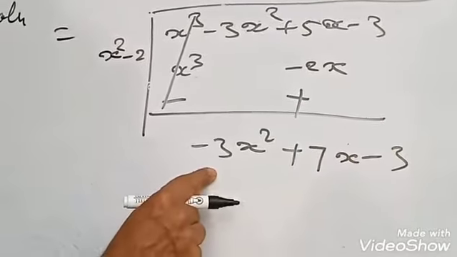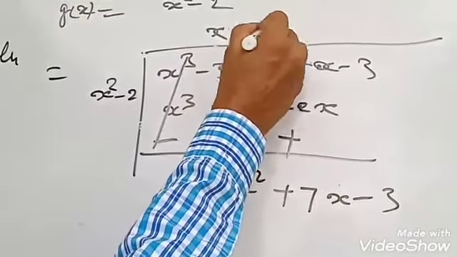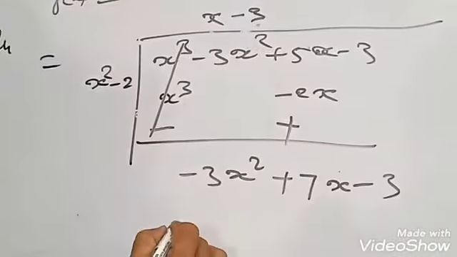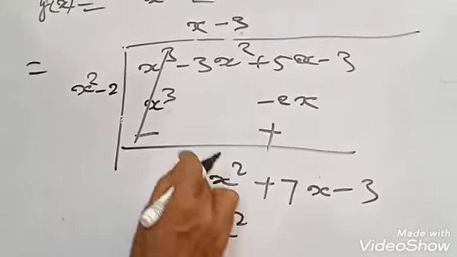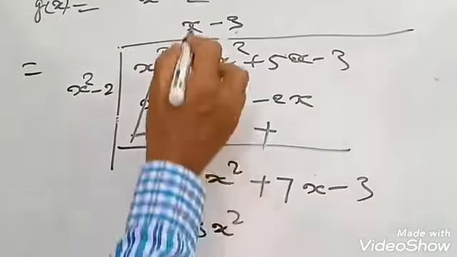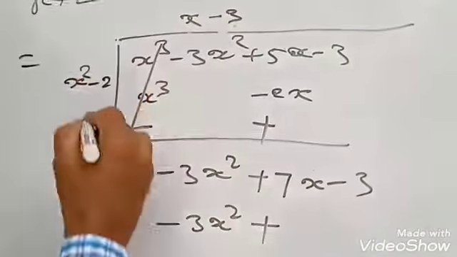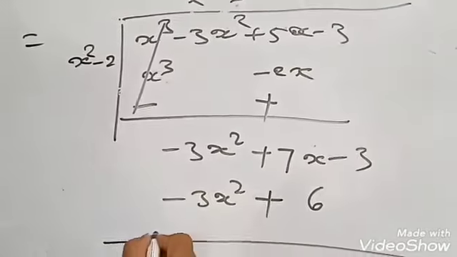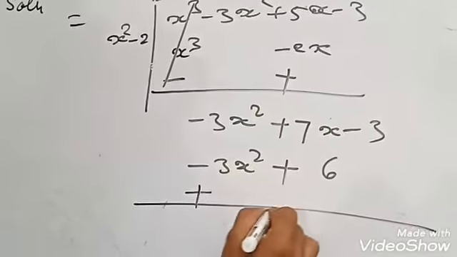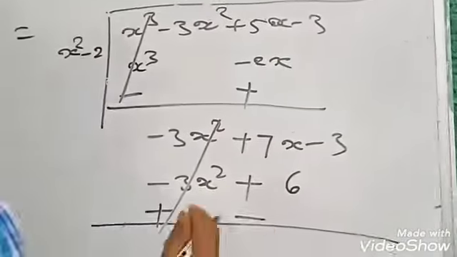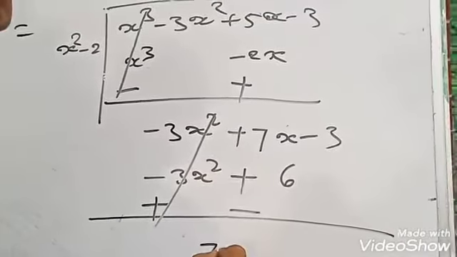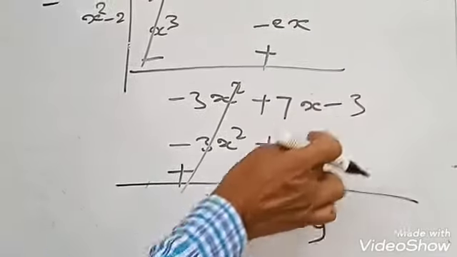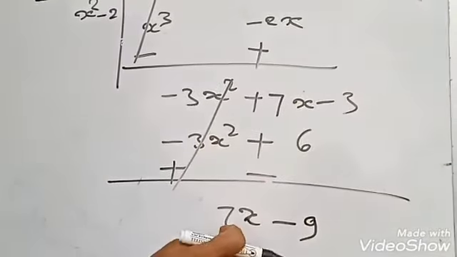Here it will be minus 3. To get this 3x square, minus 3x square plus 6. On subtracting, this will be plus, this is minus, this is over. Now it will be 7x minus 9.